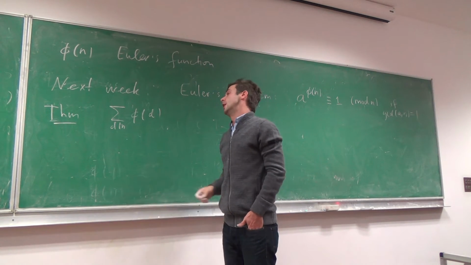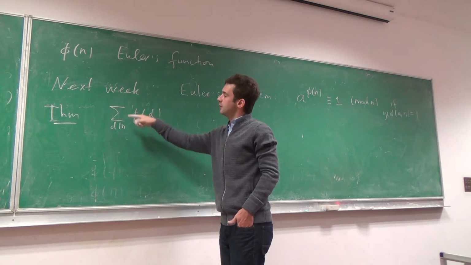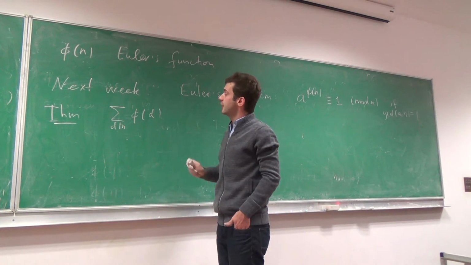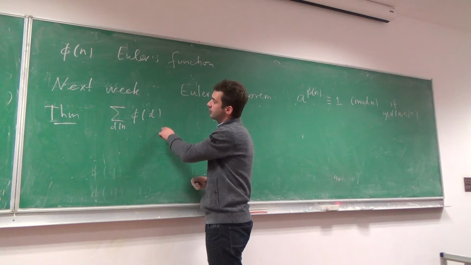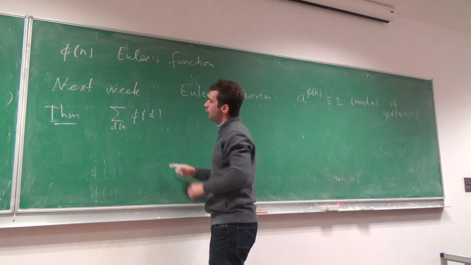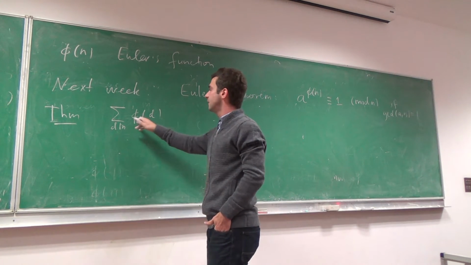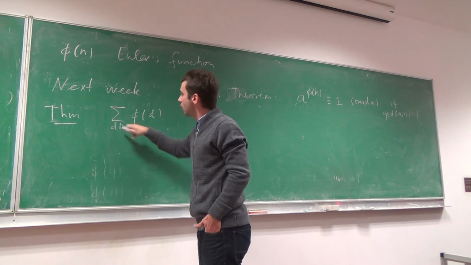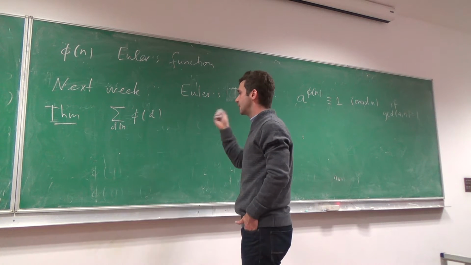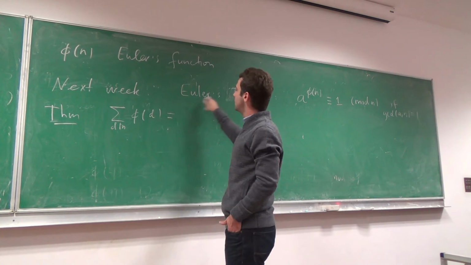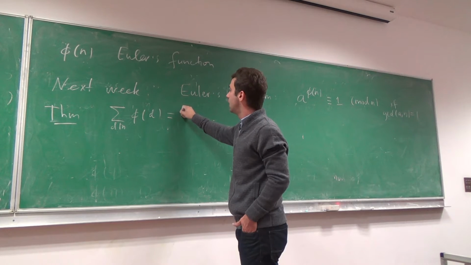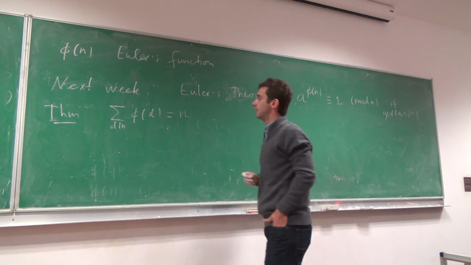For example, the mu function, we did this at the beginning of the lecture, or the sigma function itself was a sum over divisors, and the tau function was a sum of 1s over divisors. But in any case, given such a function, we can form this new function by summing over divisors. And the theorem, again, which we'll be needing next week, is that there's a nice formula for this. It's simply n.